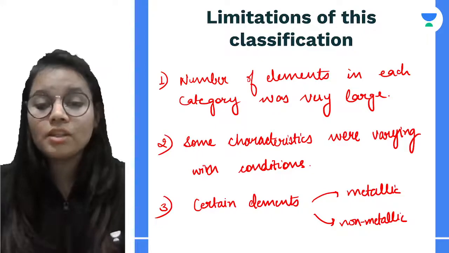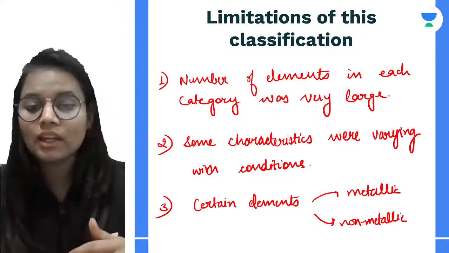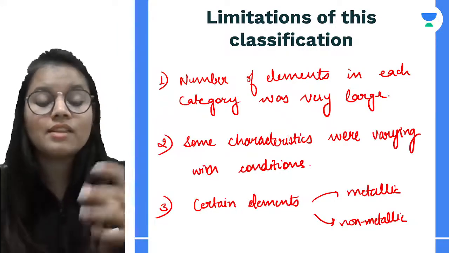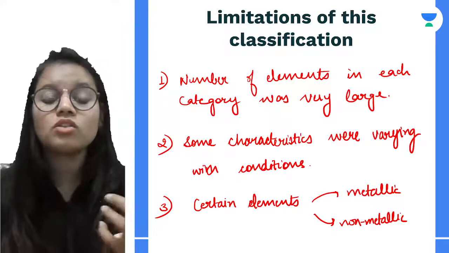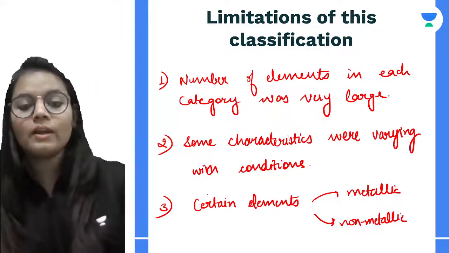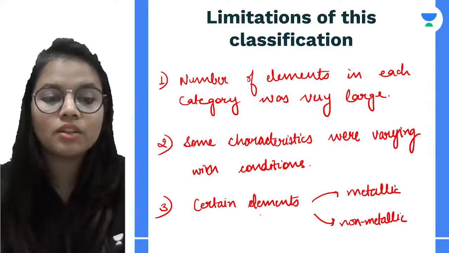And certain elements were showing metallic character and also non-metallic character. Since he divided the elements into metals and non-metals, it was not clear where to place those elements. These were the reasons why this law couldn't be taken further.